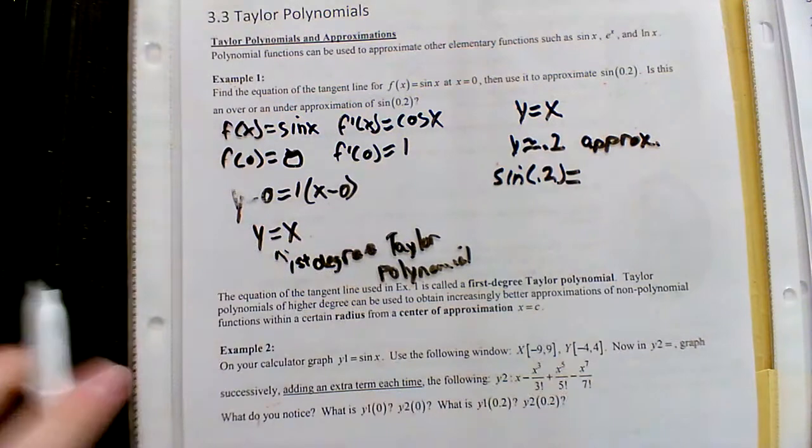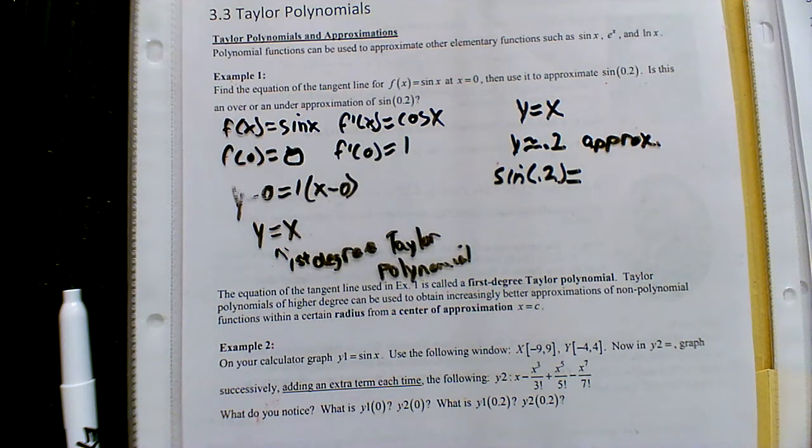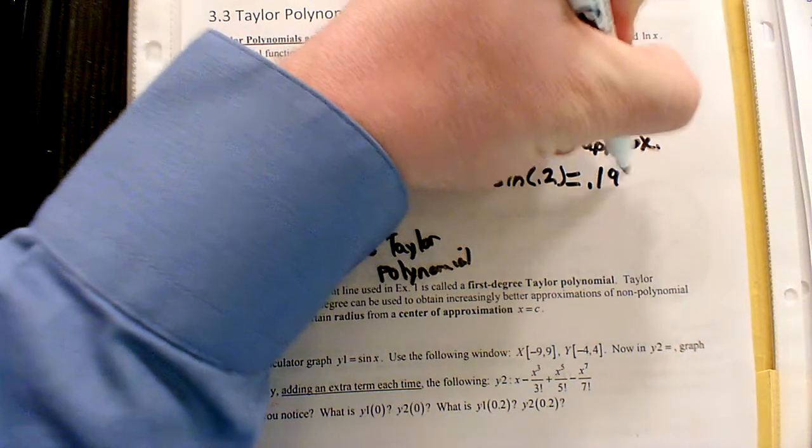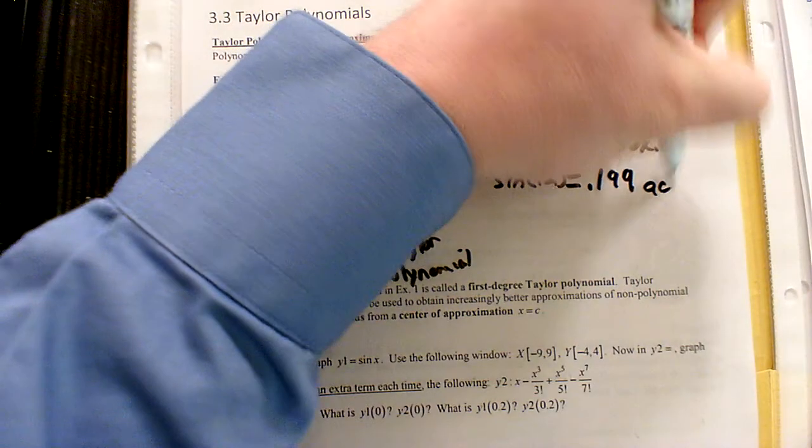Sine of 0.2 is 0.199. Okay, that's your actual. Very good.